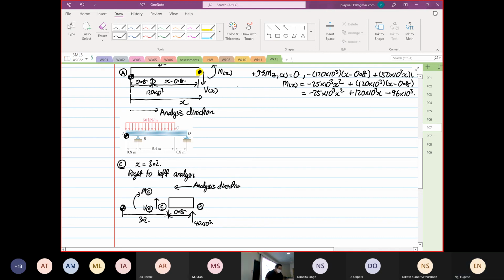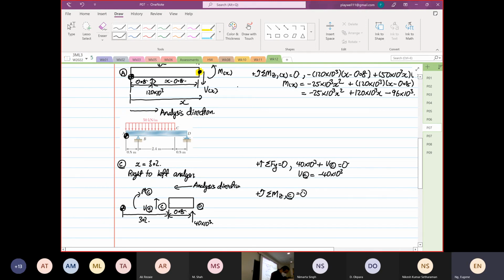Okay. So now we do static analysis. I'm not going to write static. Okay. So summation of forces in the y direction is equal to 0. This is equal to 40 times 10 to the power 3 plus V C is equal to 0. So V at point C is equal to minus 40 times 10 to the power 3. Okay. Then we are going to take summation of moment in the z direction at point C is equal to 0.